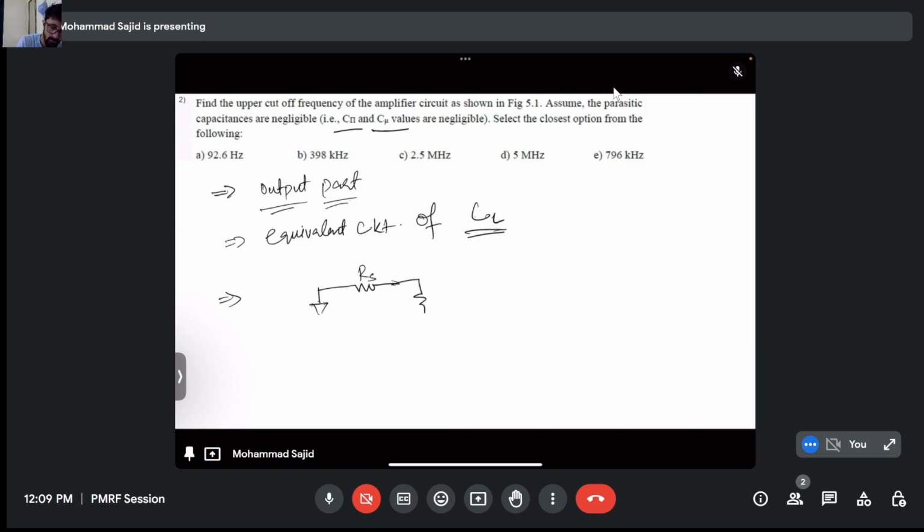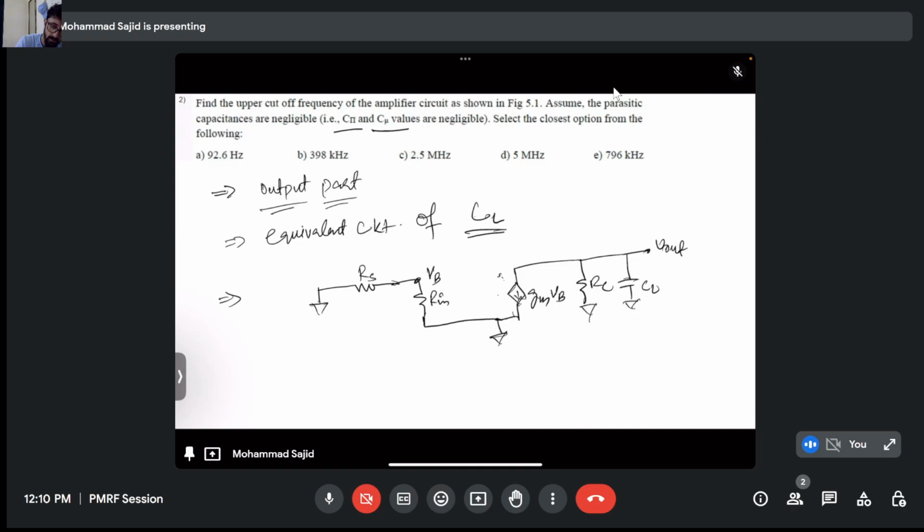Right, this is Rin. Now if we look here, this is zero, so this will also be zero.